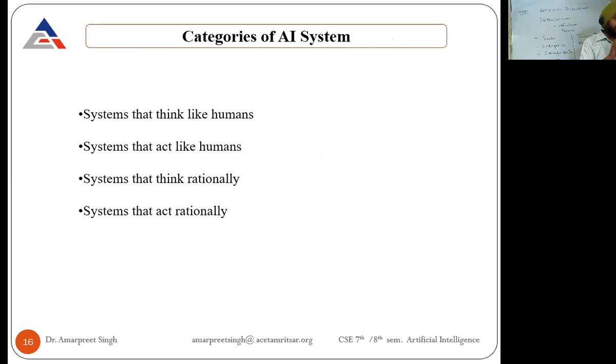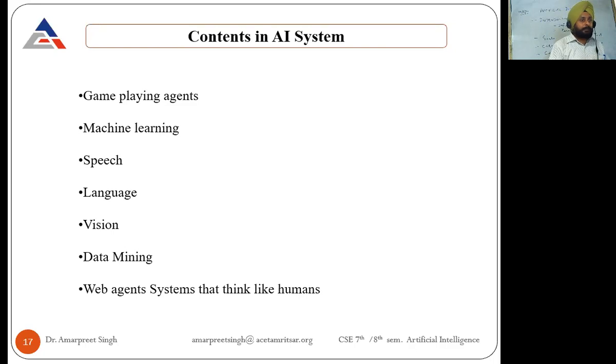Rationally means logically: what should be done, it should do that; what should be thought, it should think that. But what is actually being done, that is the actual. So systems that think like humans is actually what they are doing, while rationally is what they were supposed to do, but actually what they are doing.